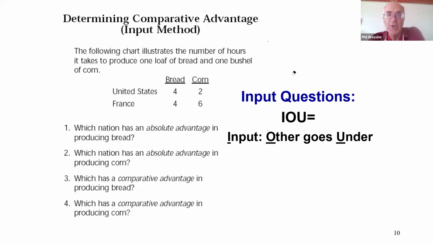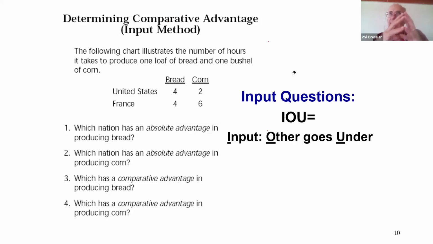We're not seeing how much bread or how much corn we could produce. We're seeing how long it takes to produce a loaf of bread or a bushel of corn. For input, it's IOU. Input, other goes under. Okay? All right. And for an input, let's talk absolute advantage first.